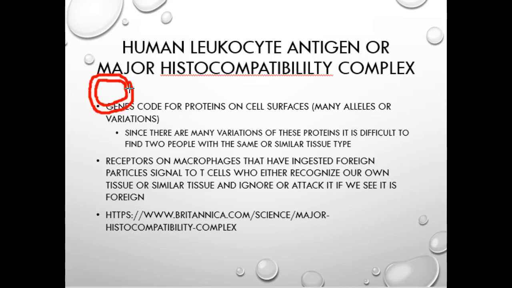And this is what contributes to our major histocompatibility complex. There are many variations of these proteins that you can find on cell surfaces. So it's very difficult to find two people with the same or similar HLA tissue typing. And this is the tissue typing that they'll do before somebody can donate, say, a kidney to a recipient.